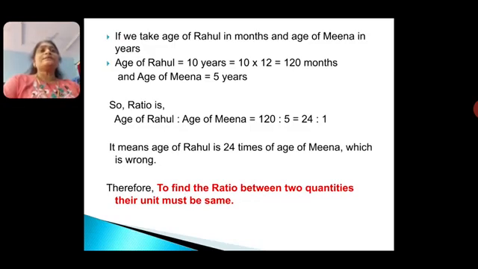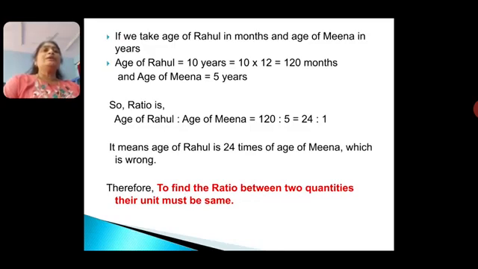Therefore, the ratio of age of Rahul to age of Meena equals 120 ratio 5. If we divide 120 and 5 by 5, then we get the least form 24 ratio 1. It means the age of Rahul is 24 times the age of Meena, which is wrong.